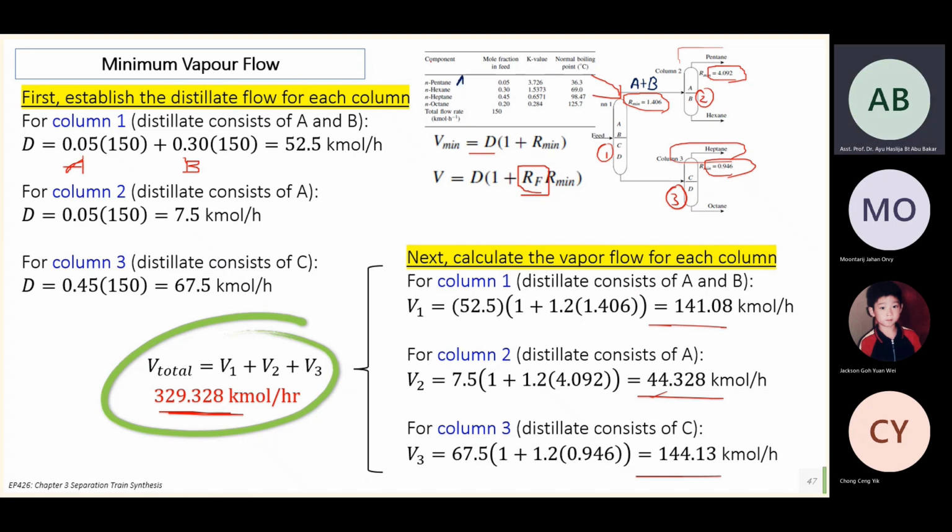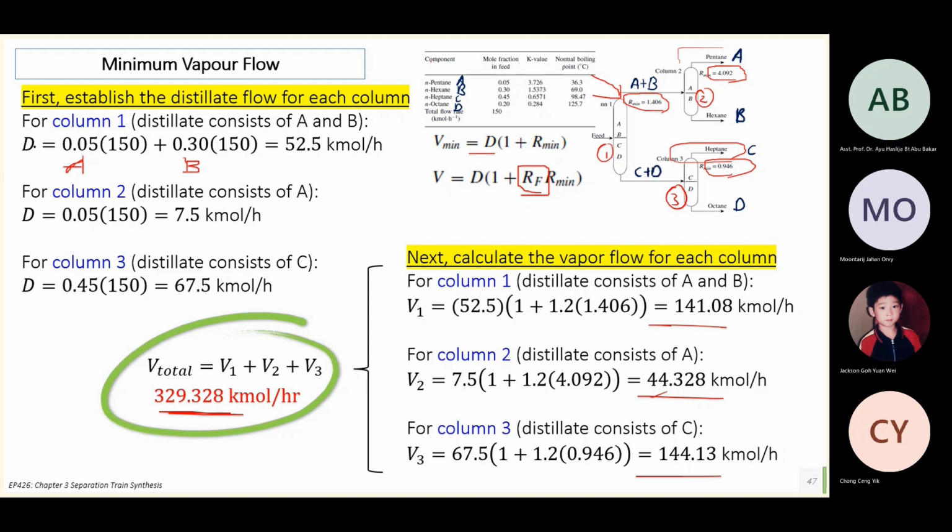What is AB? A is AB. Okay. Here is C plus D.